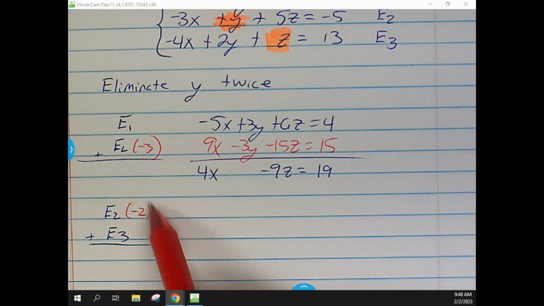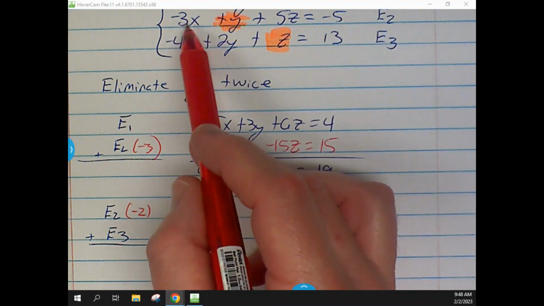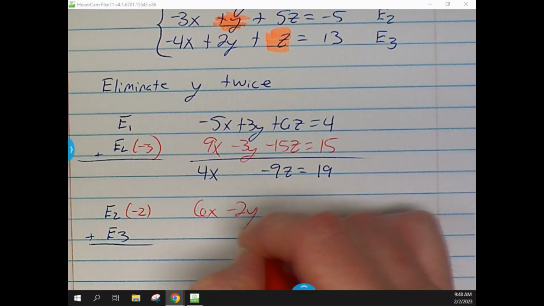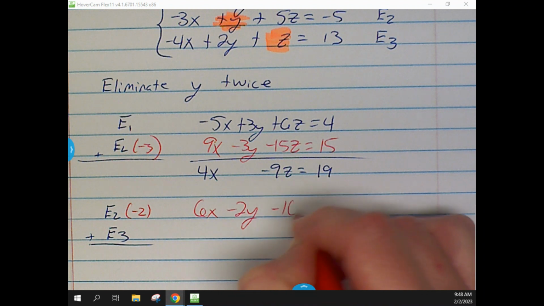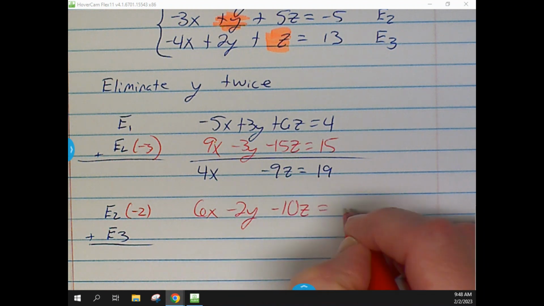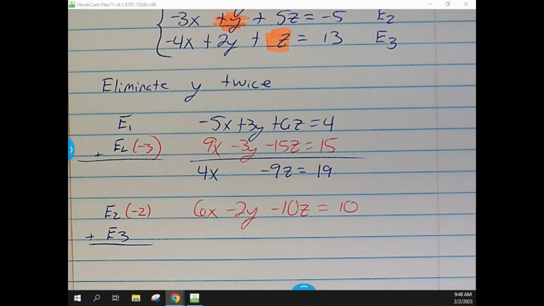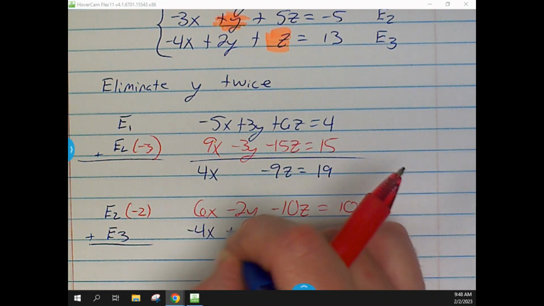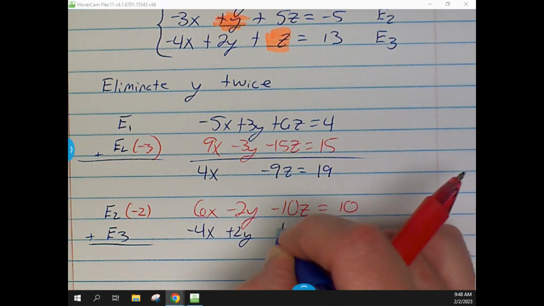Those two things will cancel. So take everything here, multiply it by -2. So that's going to be 6x minus 2y minus 10z equals 10. And we didn't change equation 3.